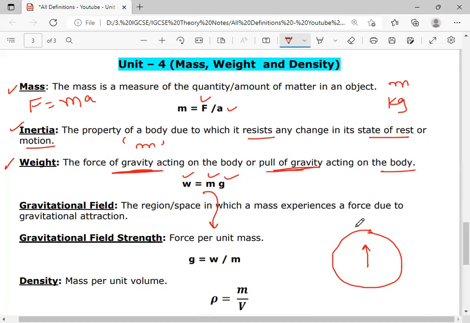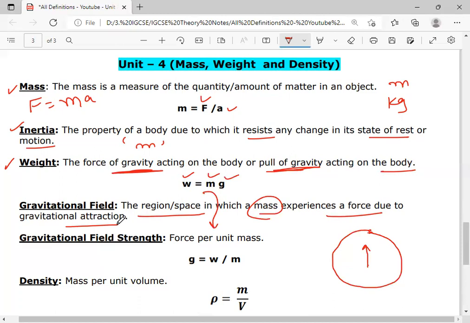And then there is a particular space or particular region within which earth can attract the bodies towards itself. So that region or space in which a mass experiences a force due to gravitational acceleration.